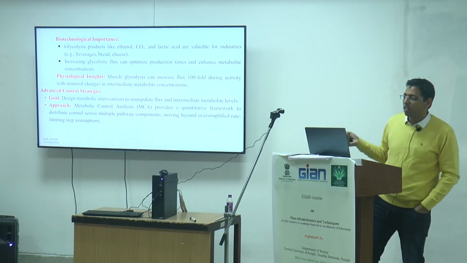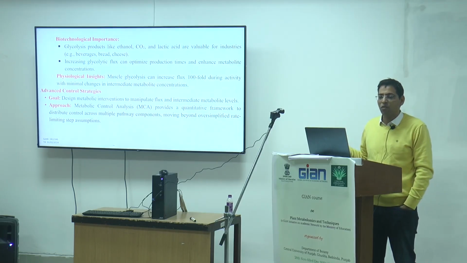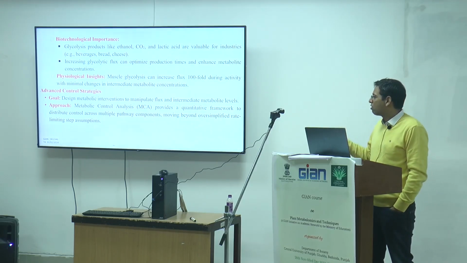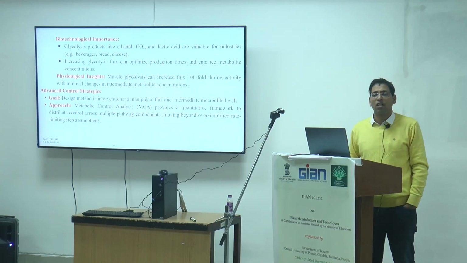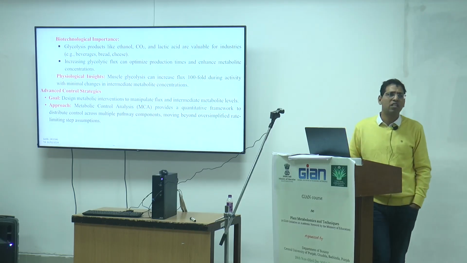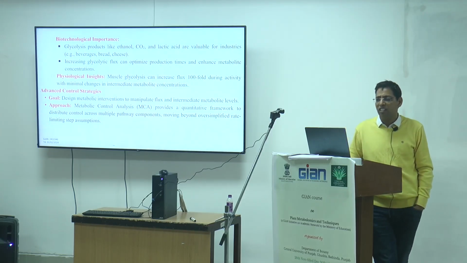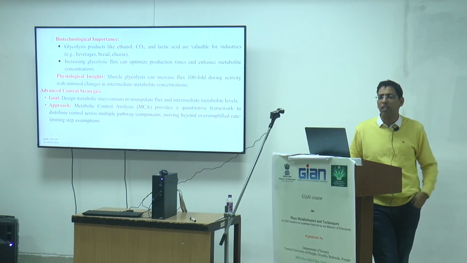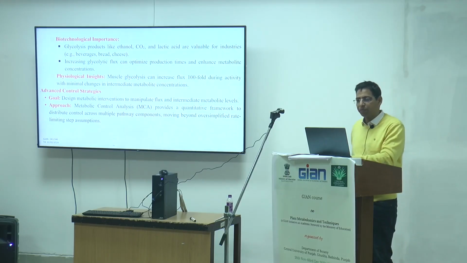You can use MCA as a quantitative framework to distribute the control across multiple pathways, beyond simplified rate-limiting steps. Basically we are saying that this pathway has 2 steps, this pathway has 3 steps. If you are working with MCA, you can find the whole quantitative framework which explains all the different control points in that particular pathway.